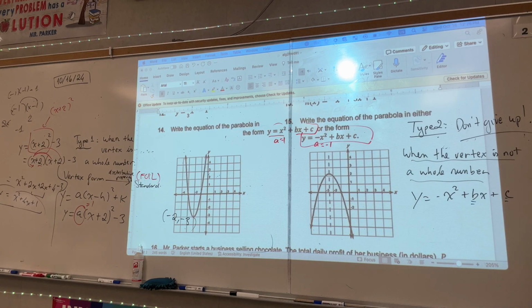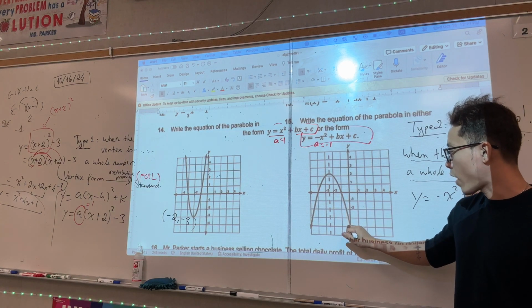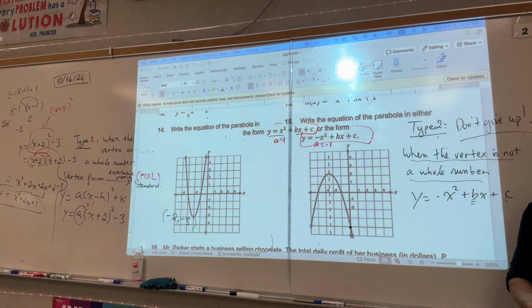Well, where do the 2 equations come from? From 2 points. Yeah, from 2 points. Pick any 2 points. Let's start with the y-intercept. Why do I start with this one?